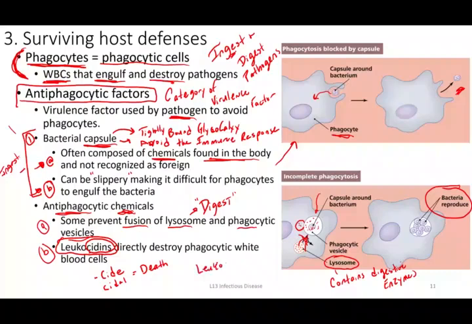So if you haven't remembered those terms, leukocytes equals white blood cells, which are your immune cells. And so leukocidins are going to be chemicals produced and released by specific microorganisms that are going to kill white blood cells. And so since white blood cells carry out this process of phagocytosis, it's a much more extreme way of avoiding an immune response by killing those cells responsible for carrying it out.